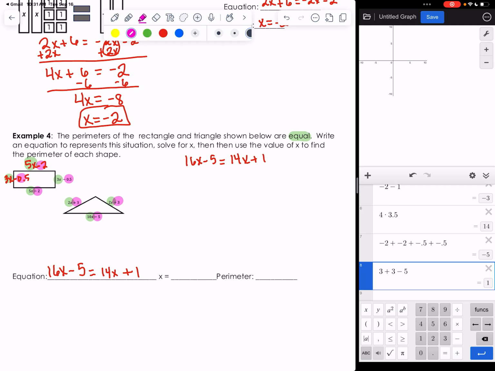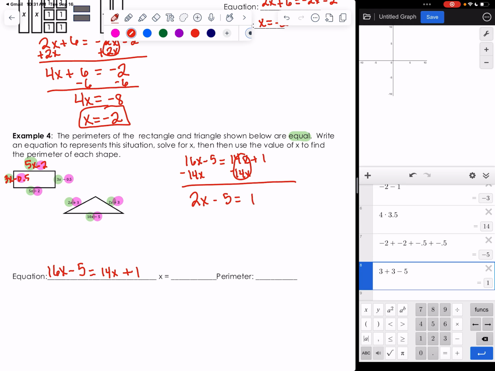All right, welcome back. Hopefully you realized that on the right side there's a 14x you needed to remove. So to remove positive 14x, we want to subtract 14x. Do that first. So 16x minus 14x is 2x minus 5 equals, this would zero out and leave me a 1.